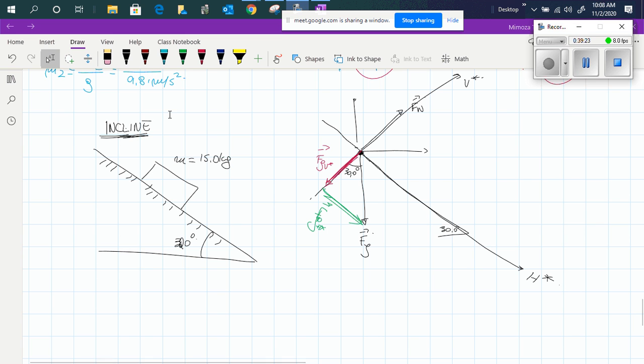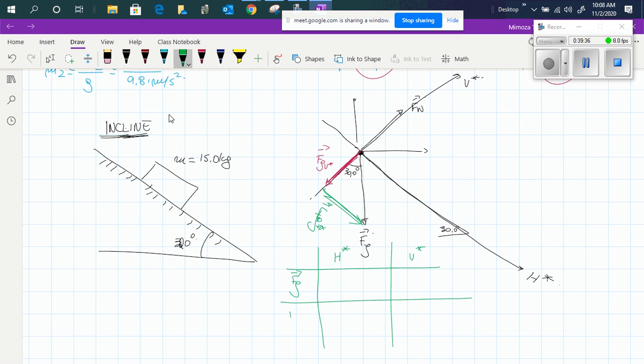So we build the table of components, but now not with the horizontal and vertical, but with the rotated horizontal and the rotated vertical. So we will have force of gravity and force normal. And since there are no other forces, if there is force of friction, then we will draw the force of friction opposite to the direction of the motion.